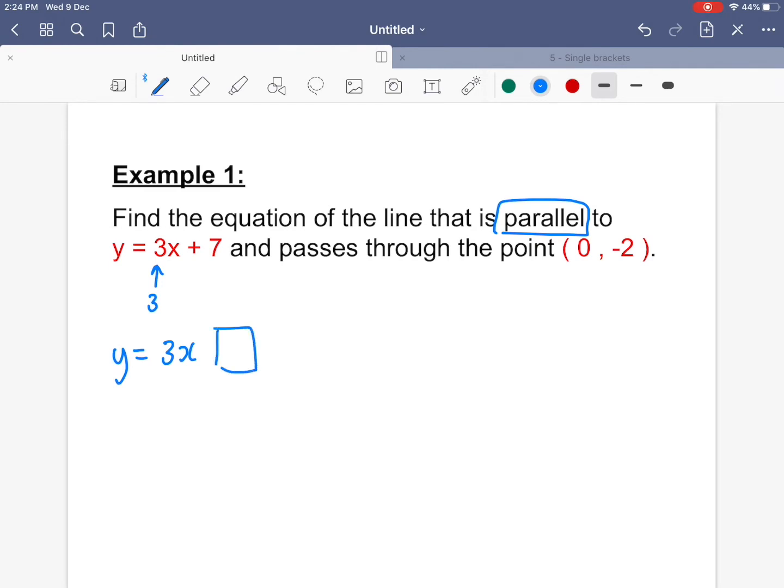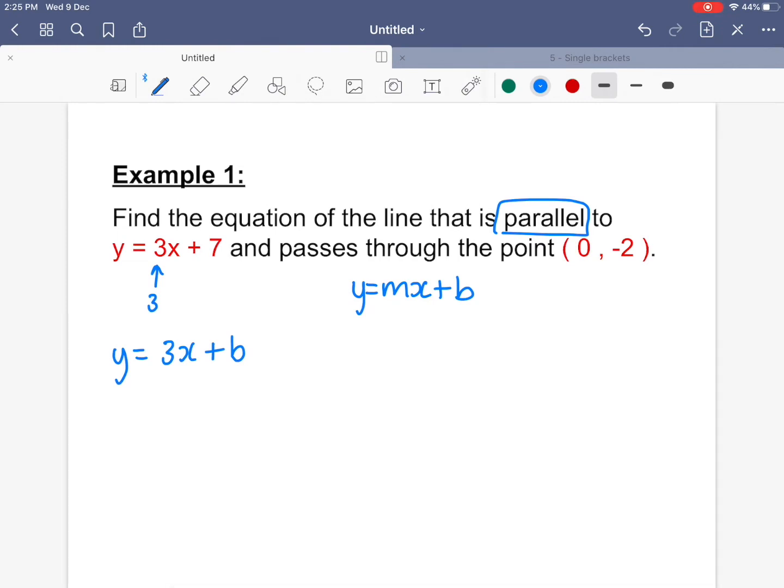I'm still not sure what's going to come next, but I know that the gradient is 3. We know that it's in the form y equals mx plus c, or b, and I now know that m is 3. For now, we could just write plus b, but we need to find what the b is.